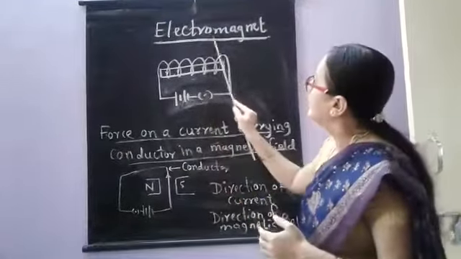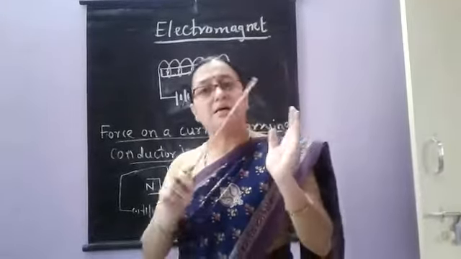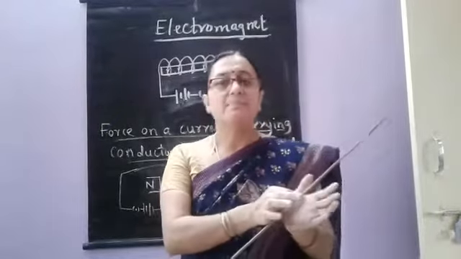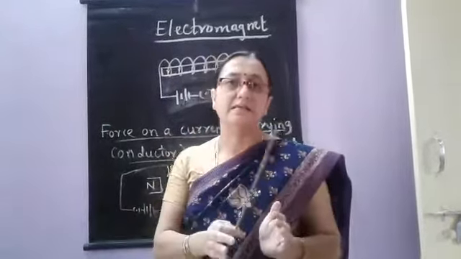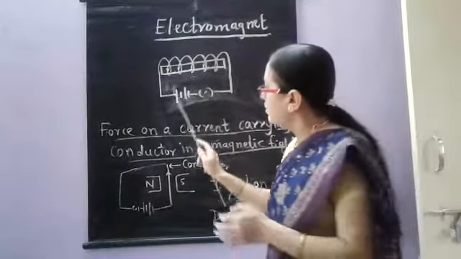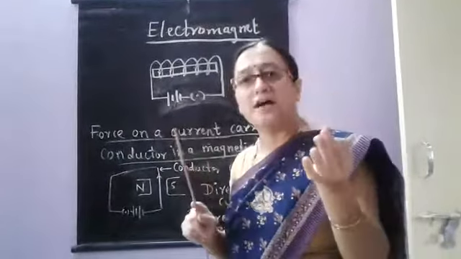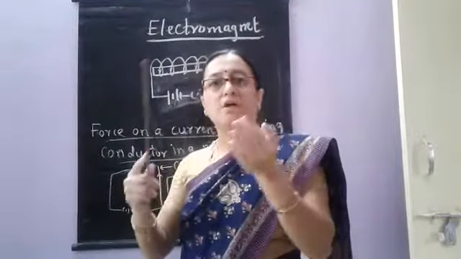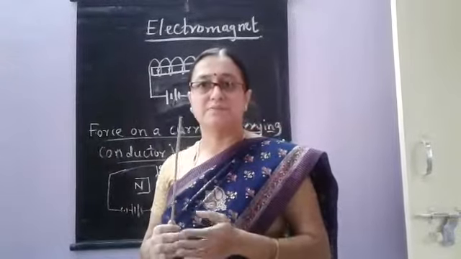That is called an electromagnet. So an electromagnet is nothing but converting a magnetic material into a magnet by passing electricity. To prepare this electromagnet, we require a piece of iron, a copper coil with many turns, and a current passing through it.